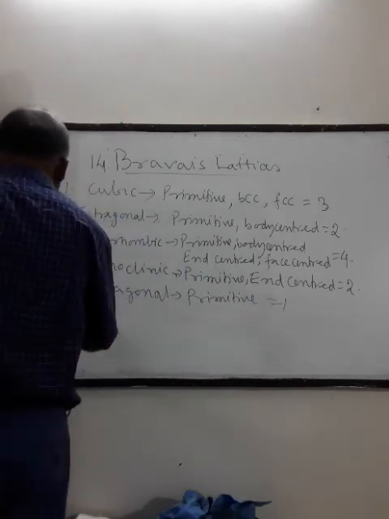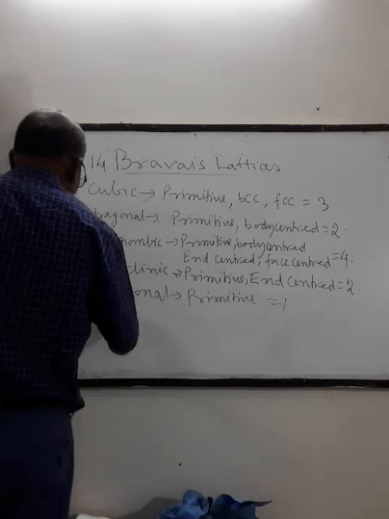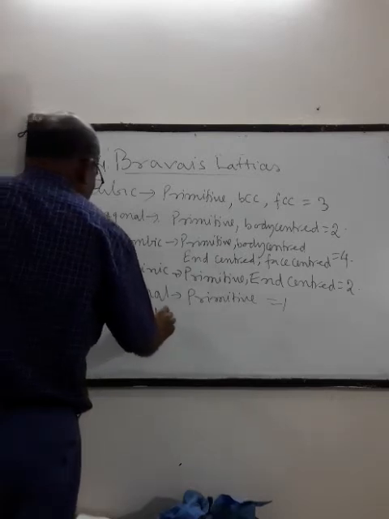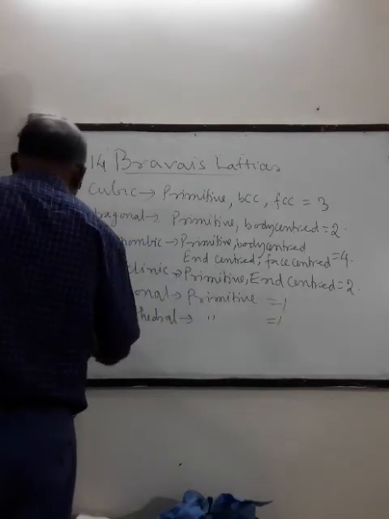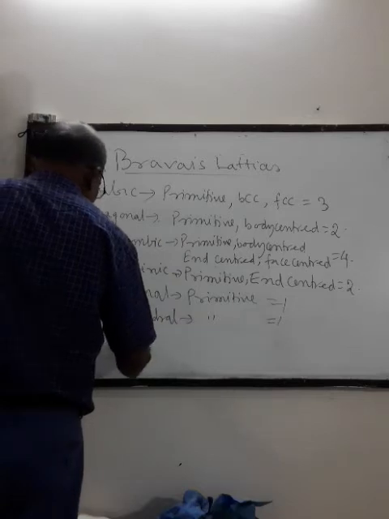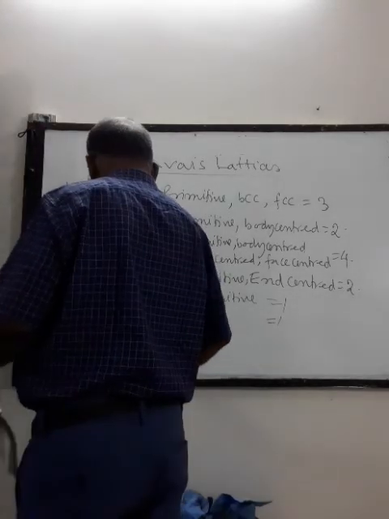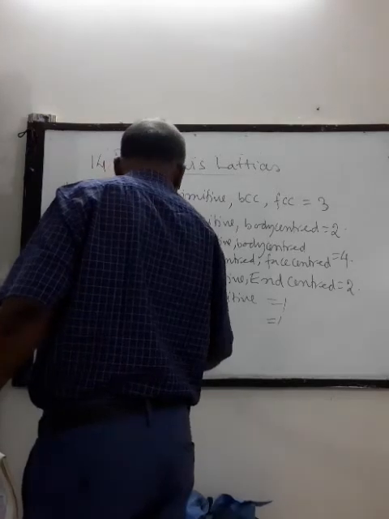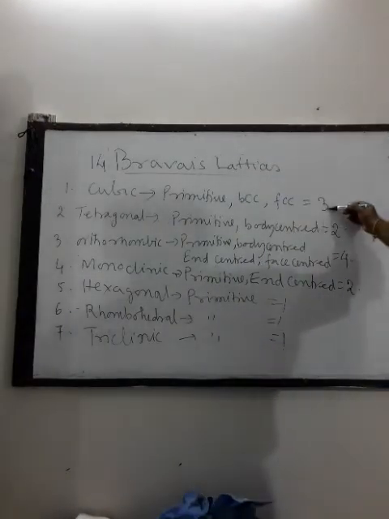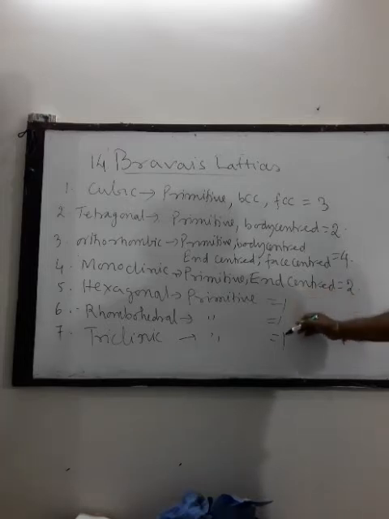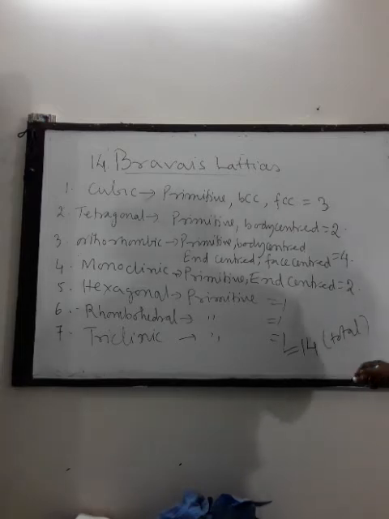Rhombohedral also only 1, that is primitive. And last one, triclinic, only 1, which is also primitive. So total 3 plus 2, 5; 5 plus 4, 9, 10, 11, 12, 13, 14. So altogether 14. So these are known as 14 Bravais lattices.